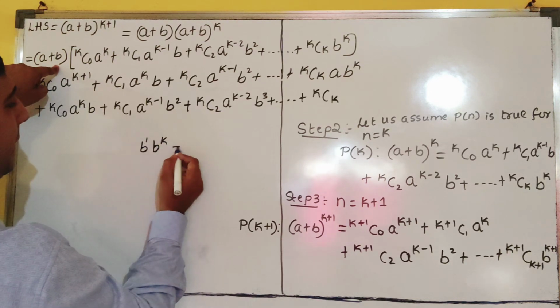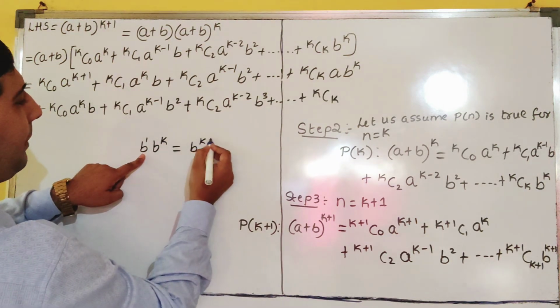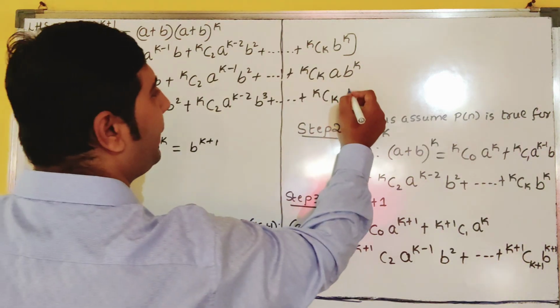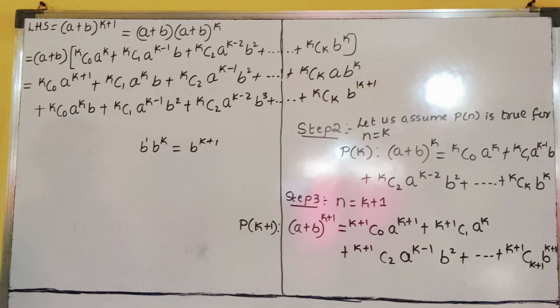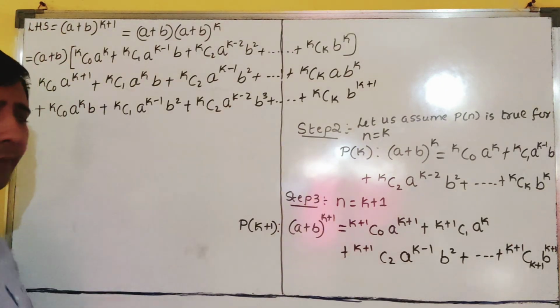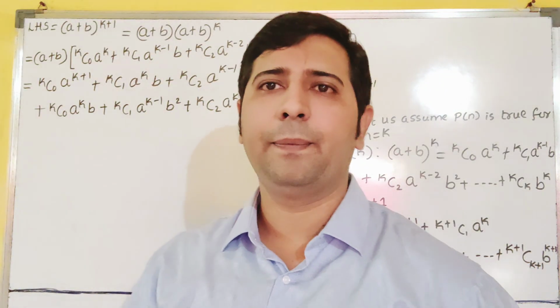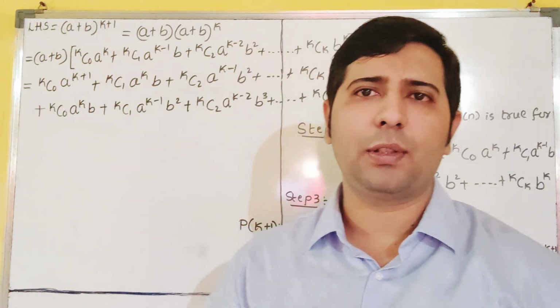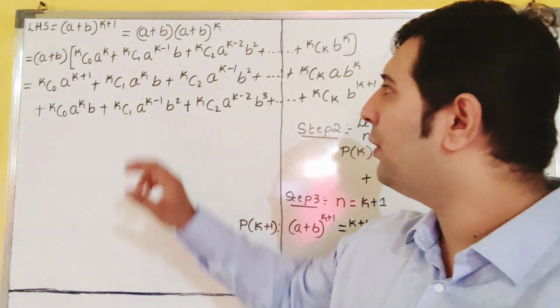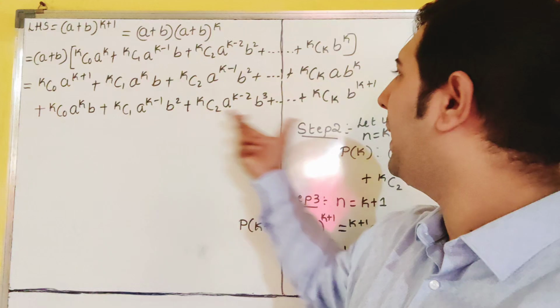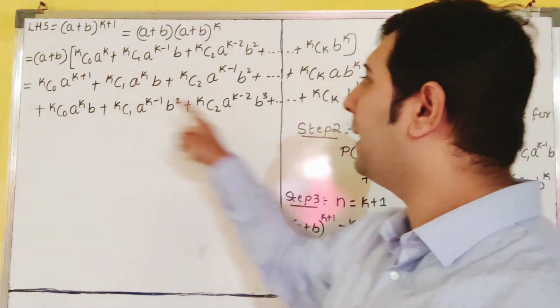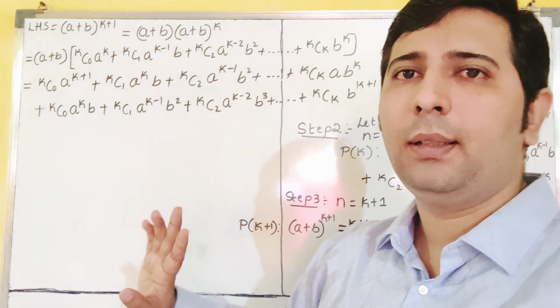Yes sir, nothing is there means 1, b raised to k plus 1 I can write. So I hope everyone is clear about this. Did everyone understand? What I am saying is, I multiplied all these with a, multiplied all these with b, and together this big equation has formed from here to here.